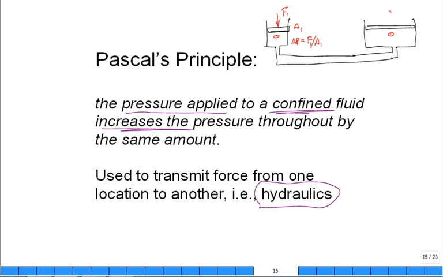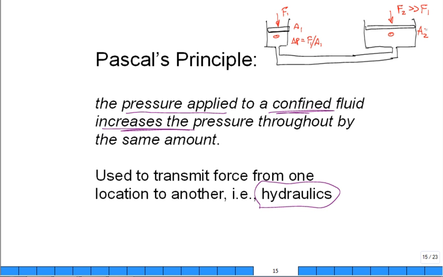Hence, I'm going to need a much larger force F2 to hold that other piston down, because my area A2 is much greater than A1. Or in other words, if I push down on area 1 with F1, I can lift something very heavy over there.